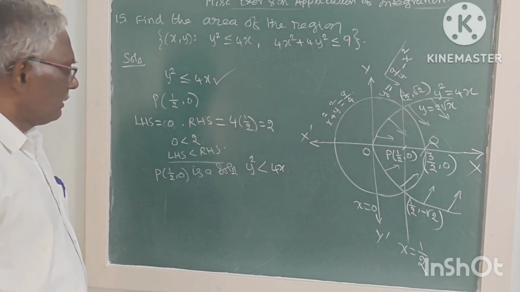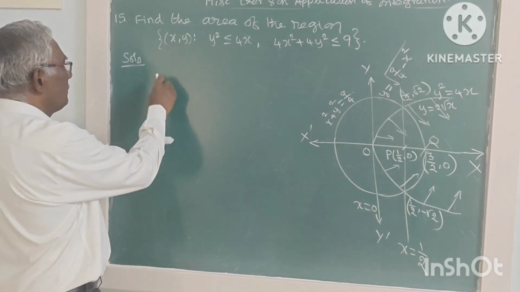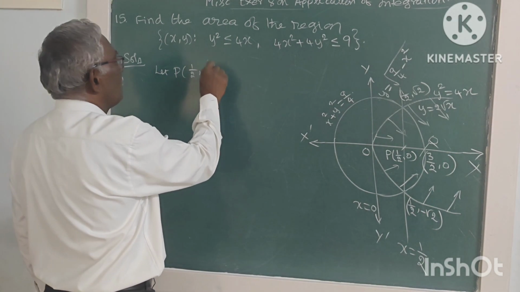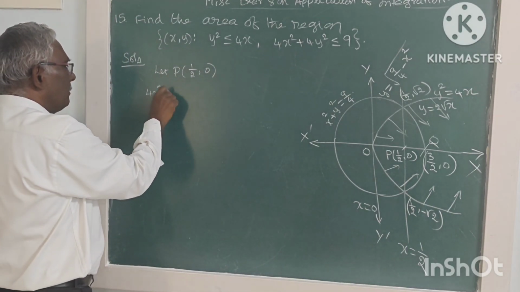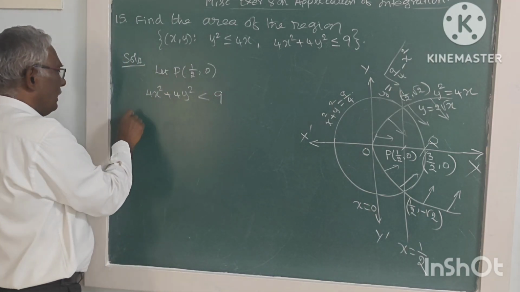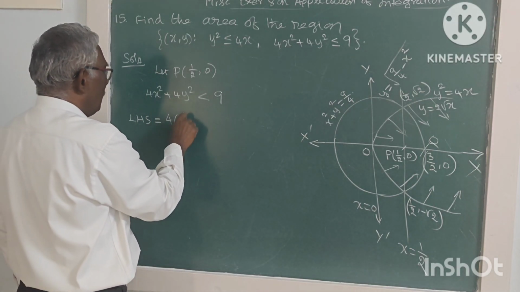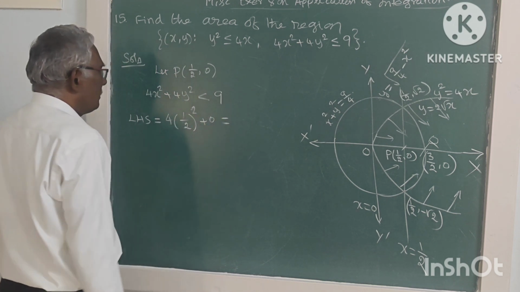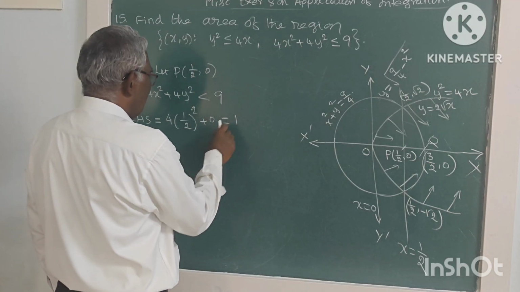Now we have to see for the circle. Again we will take the same point (1/2, 0) in the equation 4x² + 4y² < 9. LHS is equal to 4 into (1/2)² plus 0, which is 4 times 1/4, so this is 1.